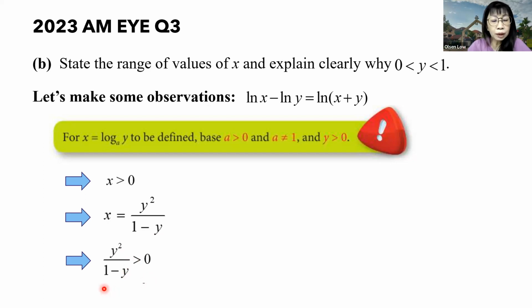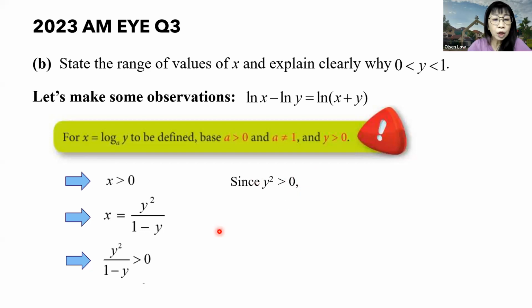If you make this observation, you will notice that y squared is a perfect square, and a perfect square has to be greater than or equal to 0. But in this case, since y has to be greater than 0, y squared must be strictly greater than 0.